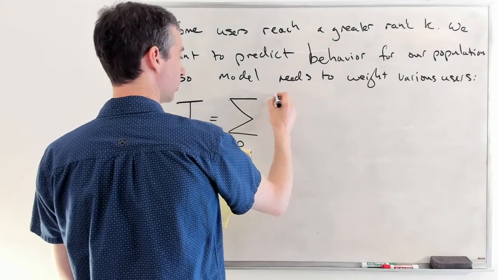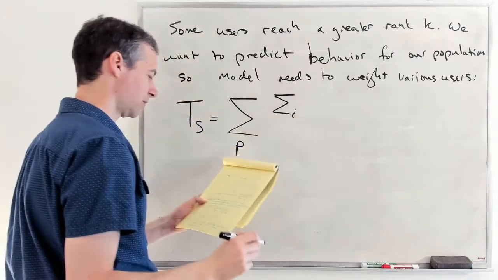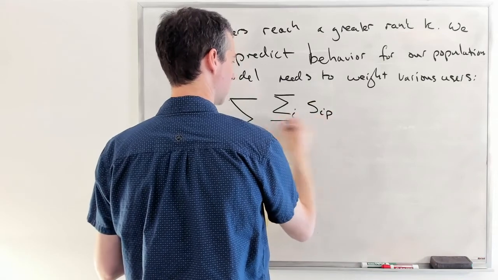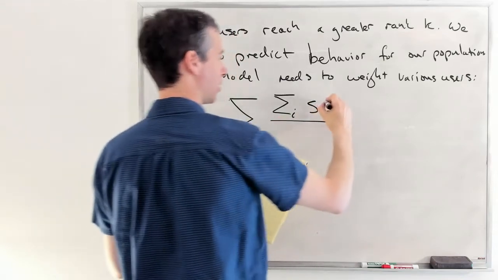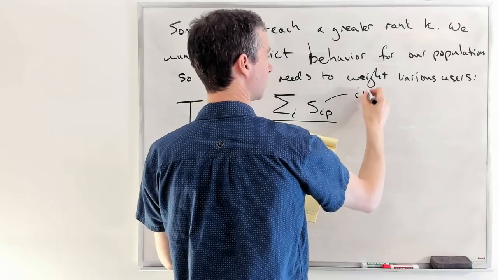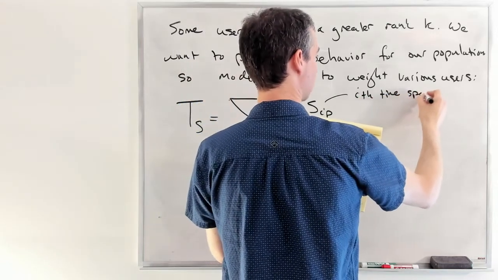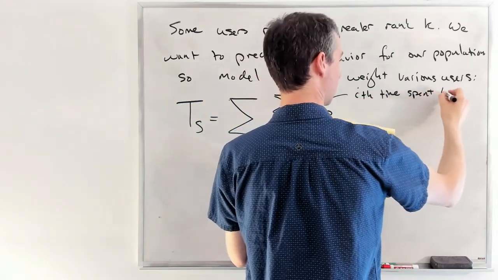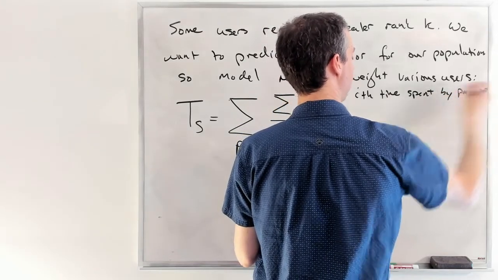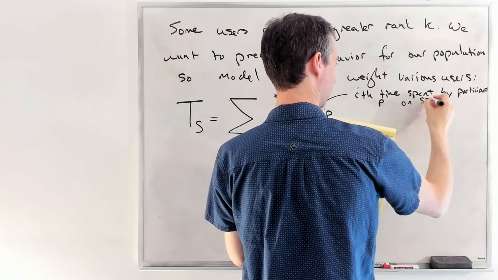Now, we had people work on multiple tasks, so we're going to have a summation over all their tasks. And S_iP is the ith time spent by participant P on the SERP.